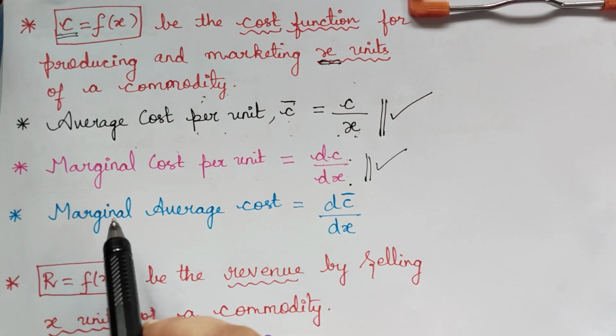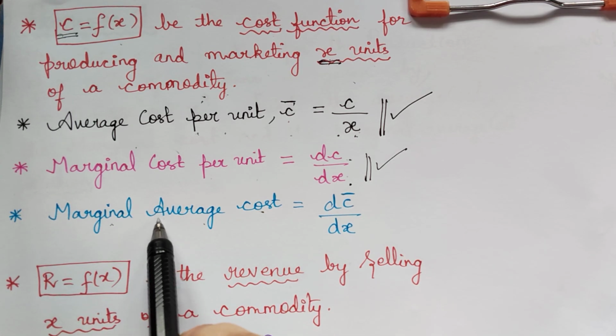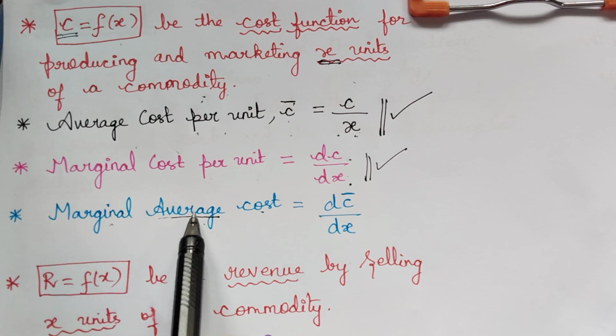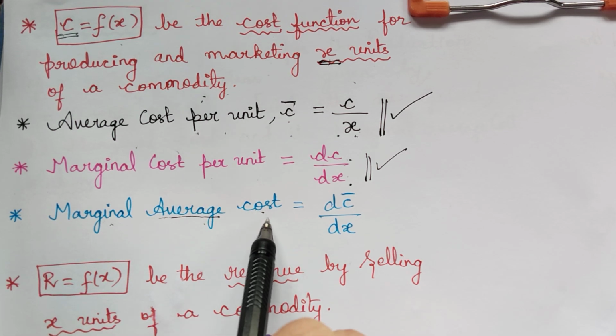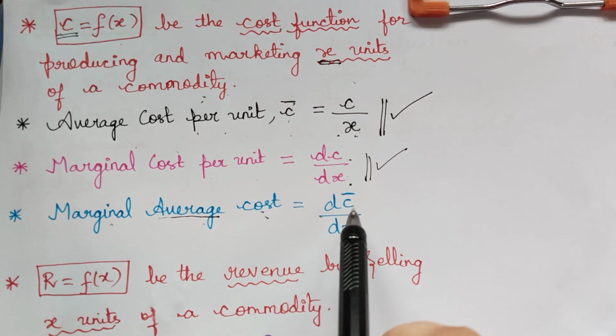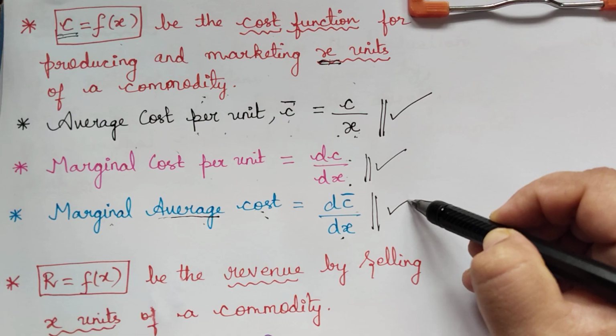Next we have the marginal average cost. That means we have to differentiate the average cost in order to get the marginal average cost. The average cost is C bar, so d C bar by dx gives us the marginal average cost.